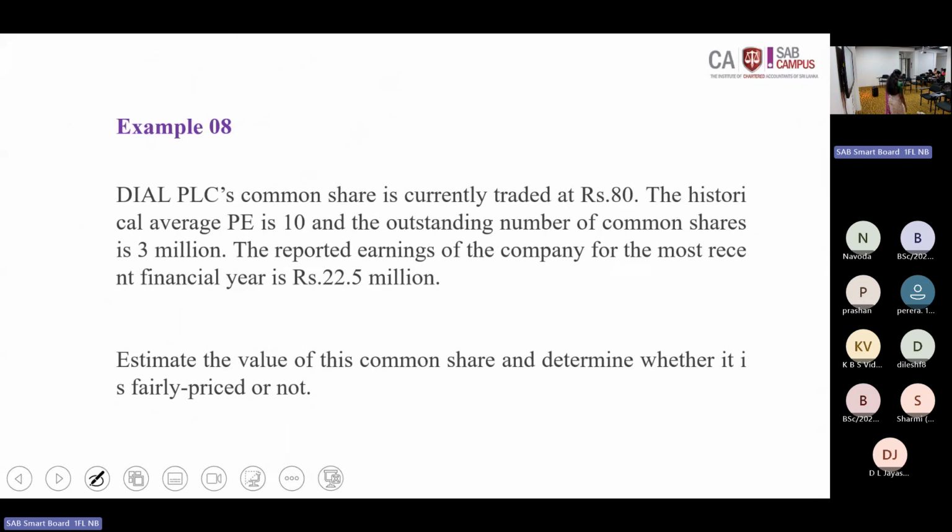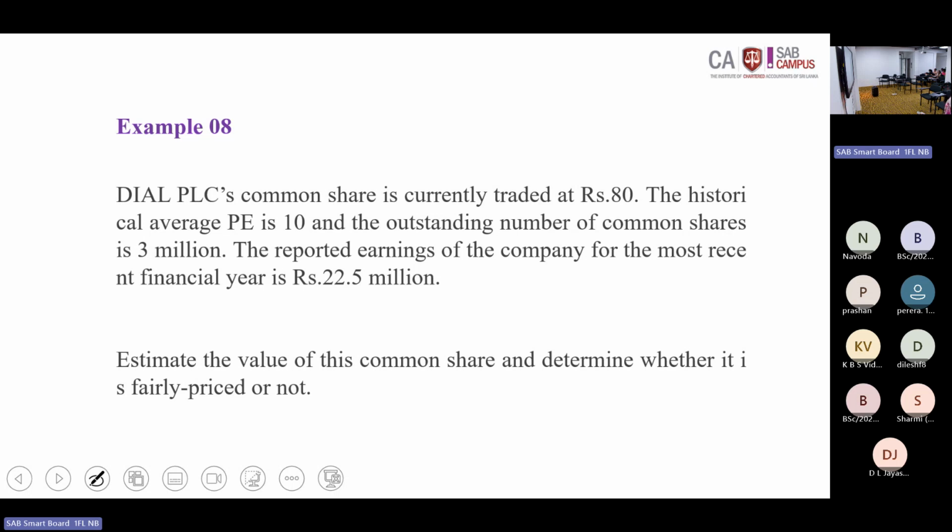Example number 8. Read example number 8. The common share is currently traded at 80 rupees and the historical average PE, price to earnings ratio, is 10.